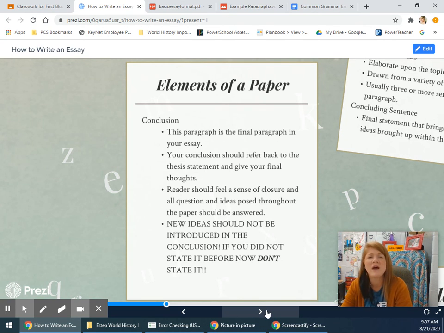If you feel like you still have unanswered questions, then I'm going to feel that way too, okay? So read your paper out loud. That's the best thing you can do. New ideas should never, ever, ever be listed in the conclusion paragraph, okay? Conclusion means you're not giving me any new ideas you haven't already previously stated. So never, never do that, okay?